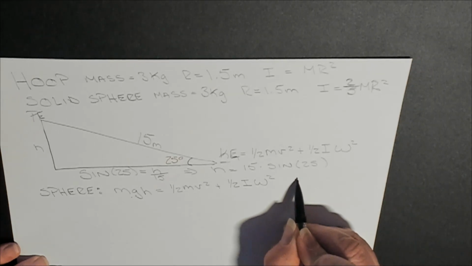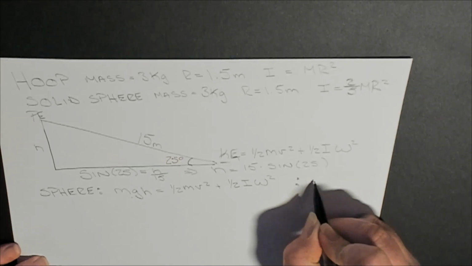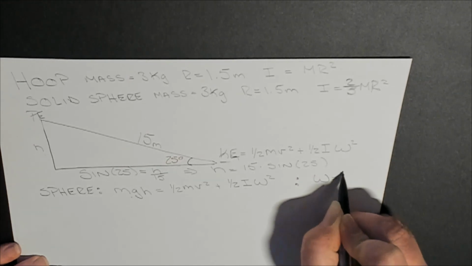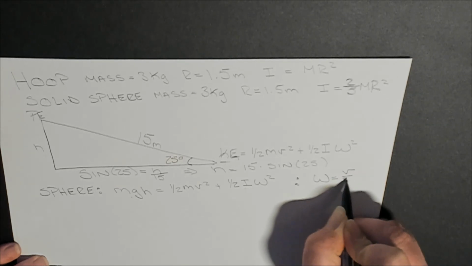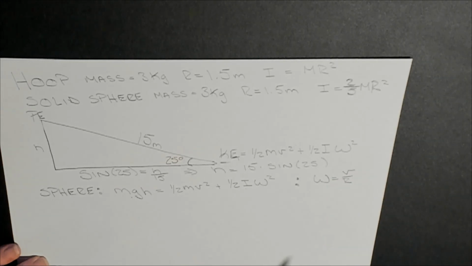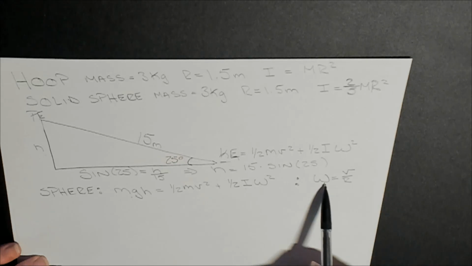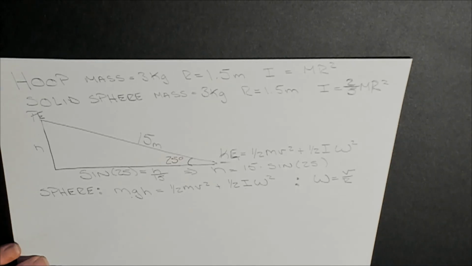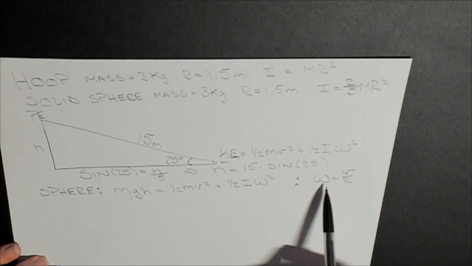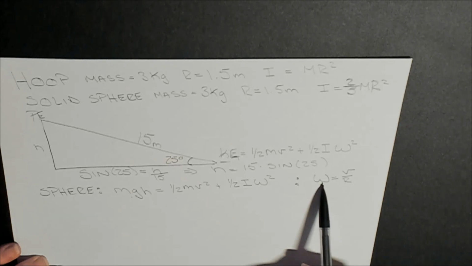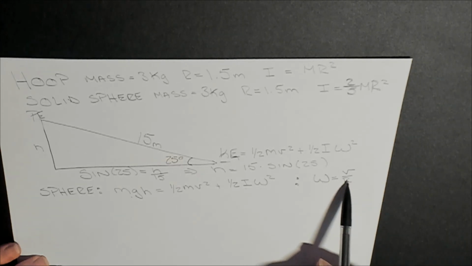So here I can remind myself that omega is the velocity divided by the radius. If you can't remember that, remember that omega is the same anywhere on a circle or a sphere, anything circular. The whole thing is rotating at the same rate. But if you think in terms of your bicycle wheel, the velocity is dependent on where it is on the radius of that circular thing.